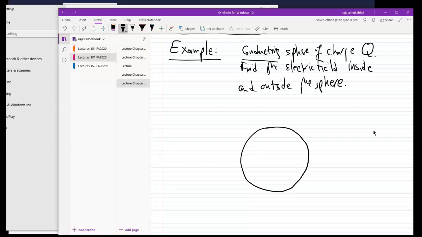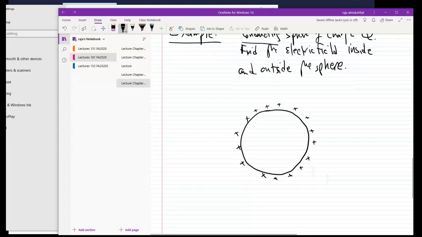Okay, and it's a conducting sphere. Assume it's solid, it doesn't have to be a spherical shell. Maybe it's a solid sphere. Since he said the word conducting, it means the charges are going to accumulate on the surface like that. And now he's asking for the electric field inside and outside. Well, let's do inside first.